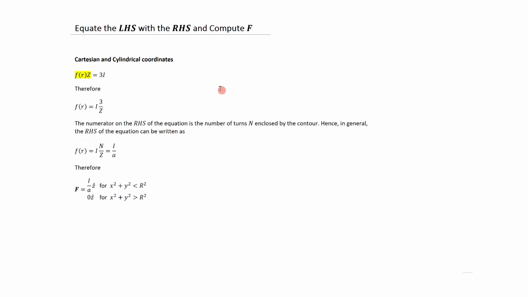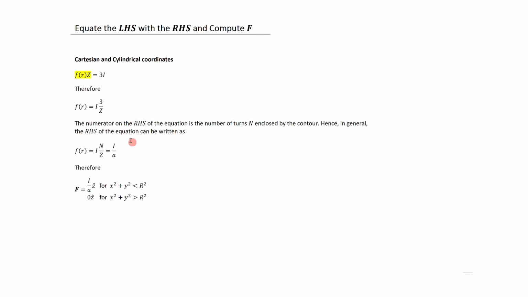All right, so the next step is to equate the left-hand side with the right-hand side and finally to compute the field. In either case, Cartesian or cylindrical coordinates, we ended up with the left-hand side looking like this and the right-hand side looking like this. And so we want to solve for f of r, and it turns out this becomes 3 times I times 3 over z. Now the numerator on the right-hand side of the equation is the number of turns n enclosed by the contour.